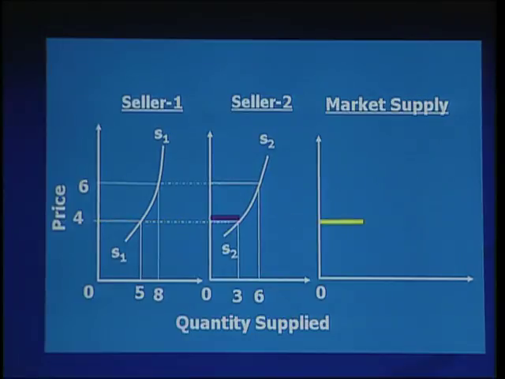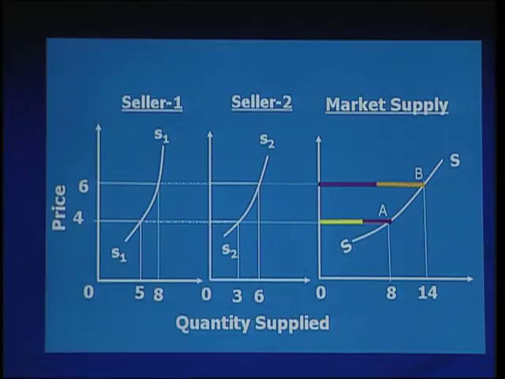If we add these two together, we find the market supply at price 4 is 8, which is shown in point A. Now, at price 6, seller 1's supply is 8 kilo and seller 2's supply is 6 kilo, and altogether the market supply at taka 6 is 14 kilo, which is shown in point B. Now if we connect point A and point B by a curve, we get the SS supply curve, which is the market supply curve.